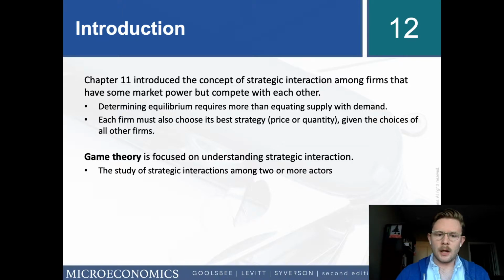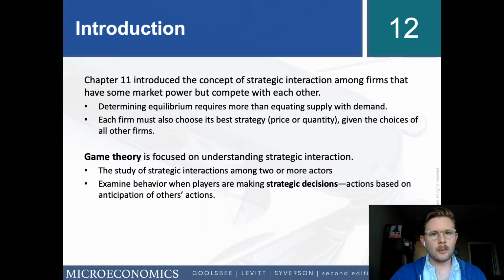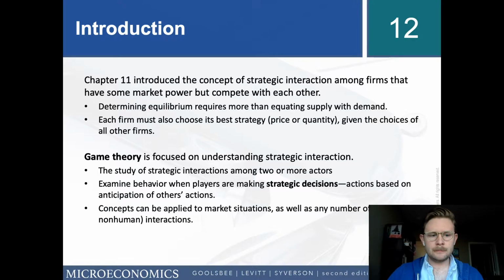It's focused on strategic interaction when you have two or more actors, two or more firms, two or more people, two or more athletes, and then you examine their behavior when they have to make a strategic decision. The idea of a strategic decision is just taking an action based on the anticipation of your opponent's actions.